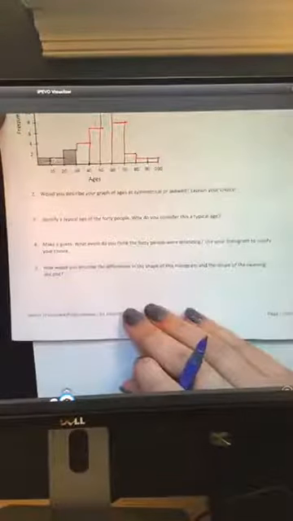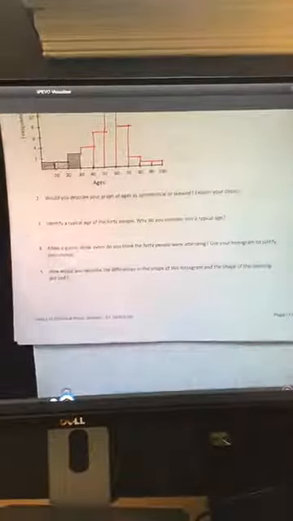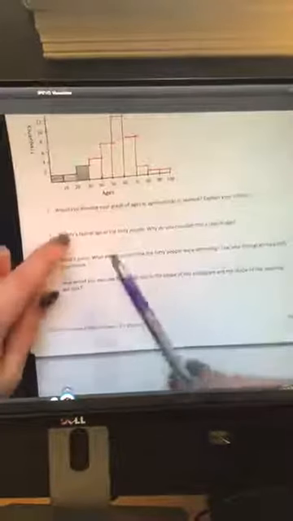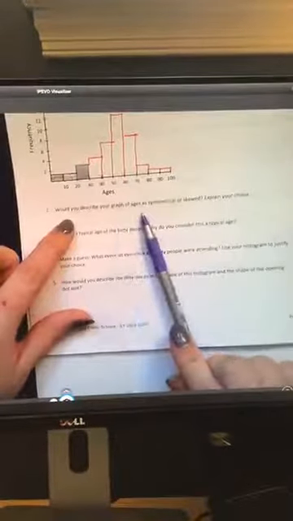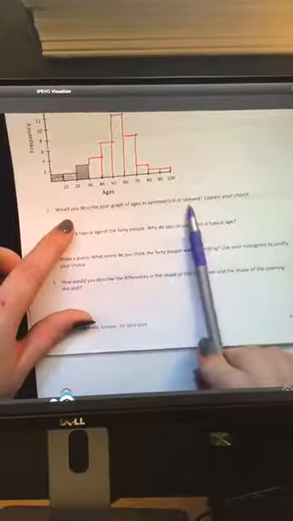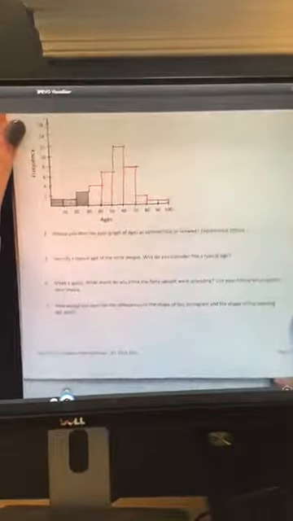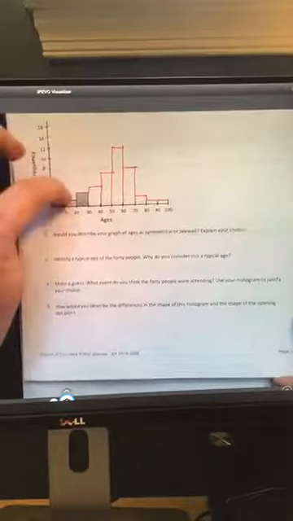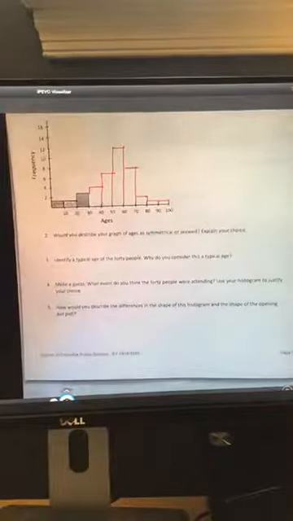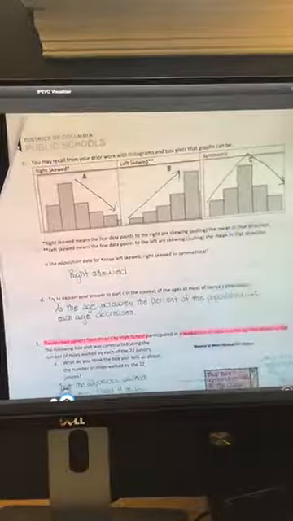So now we're going to work together to answer these questions. The first question is, would you describe your graph of ages as symmetrical or skewed? Explain your choice. What that's asking us is, this graph we created, our histogram, is it right skewed, left skewed, or symmetric?